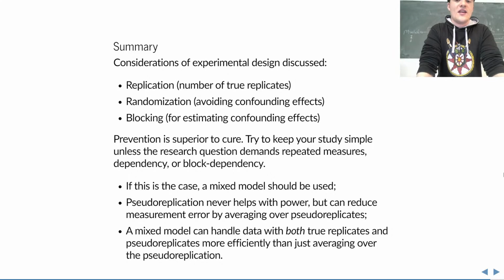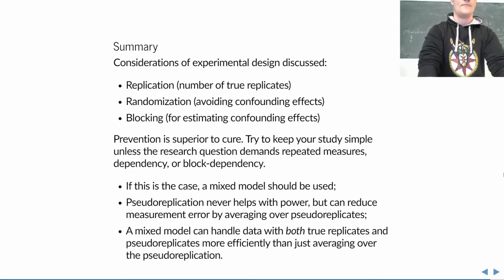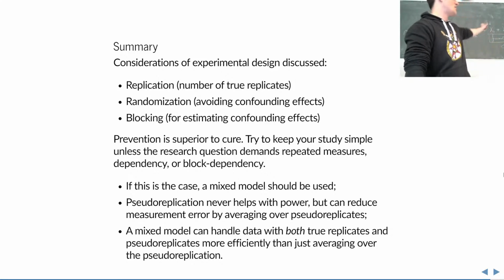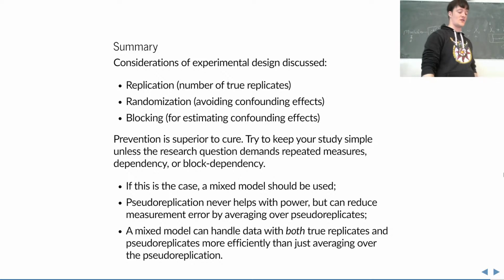Okay, so if there is any kind of dependency, block dependency or repeated measures or any kind of dependency in your data, you need a mixed model. Remember that pseudo-replication can also be handled, by having a random effect for the last experimental unit that was measured multiple times, but it doesn't increase the number of observations you have. So be aware of what constitutes a true replicate in your experiment.